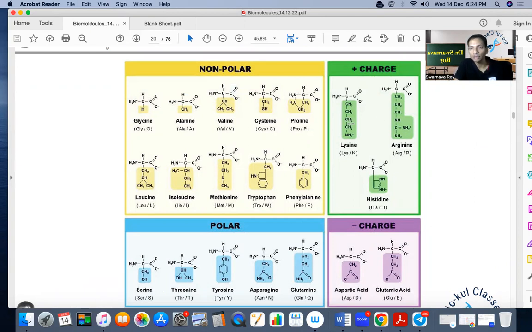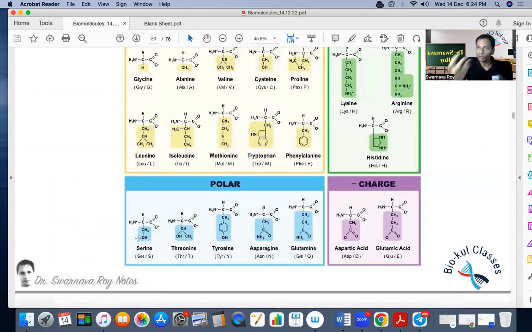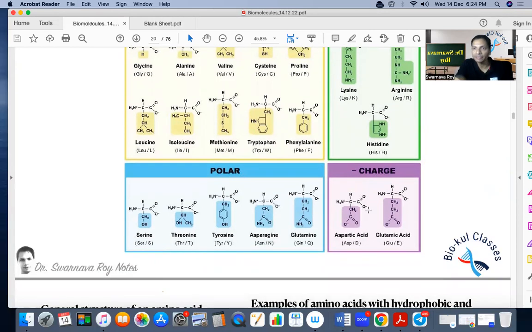Then we have polar amino acids, that means hydroxyl or carbonyl group, which makes the amino acid attracted towards water, the hydrophilic, water-loving property. And finally we have a negative charge R group, which is basically acid. So we have aspartic acid and glutamic acid. So we have 20 different kinds of amino acids based on the side chain.